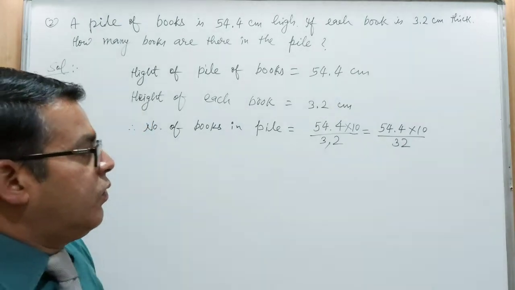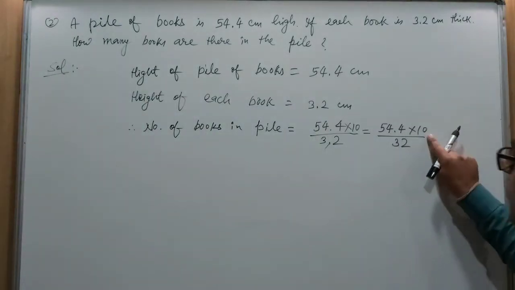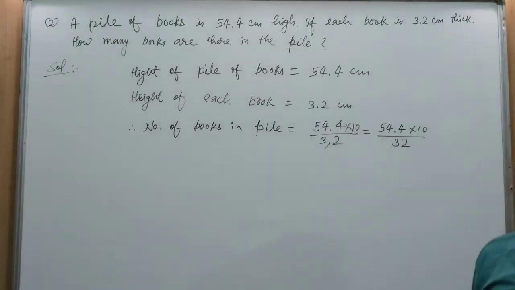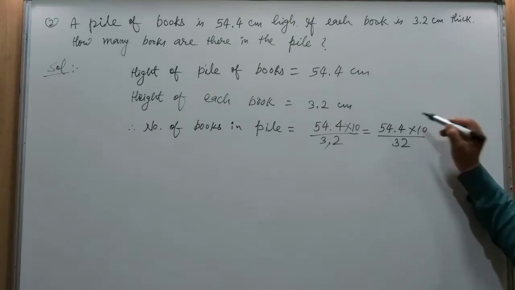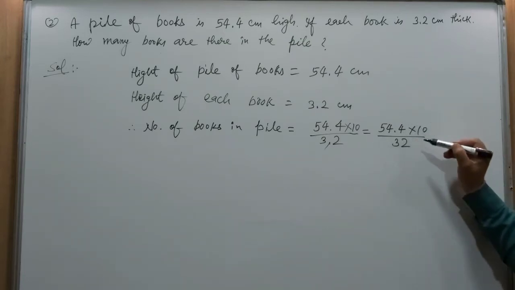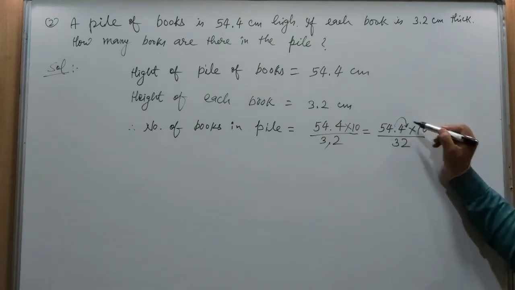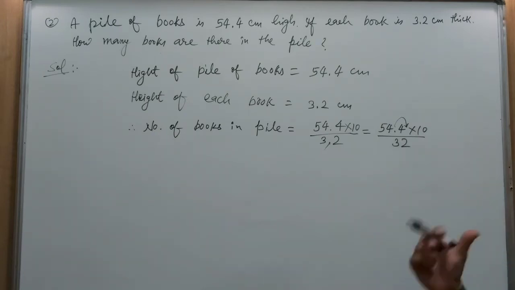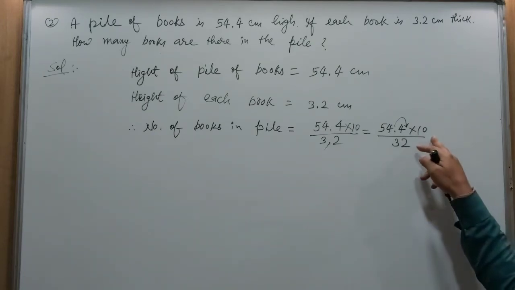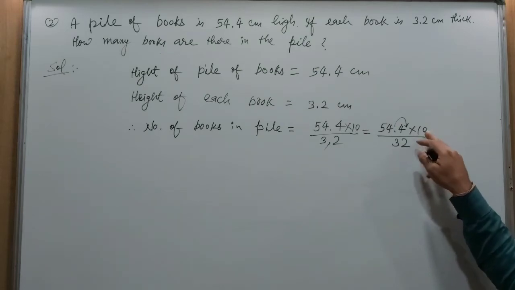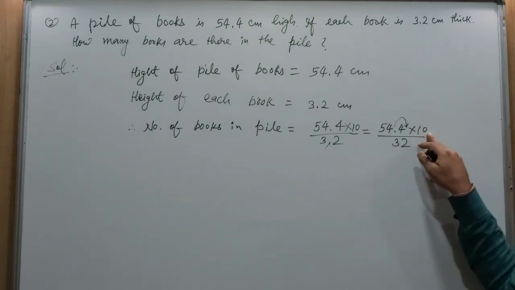Now what to do now? What will come when we multiply by 10 or by powers of 10? If we are multiplying by 10, we need to shift the decimal point one place to the right side. It depends on the number of zeros after 1. So after 1, we can see here only one 0 is there.